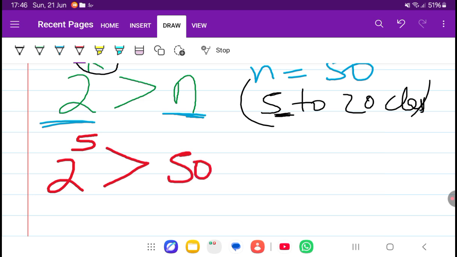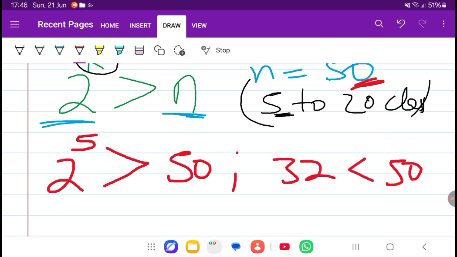Because our number of observations was 50. And we have found that this side is actually 32, which is less than 50. So it means if we are given 50 observations, we are not going to take 5 classes. They will exceed 5 classes.